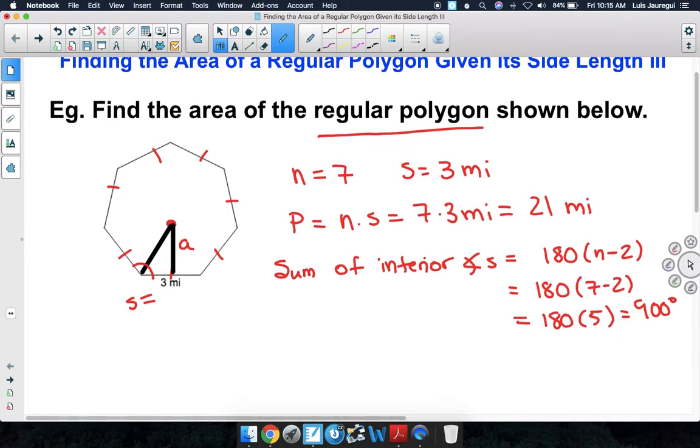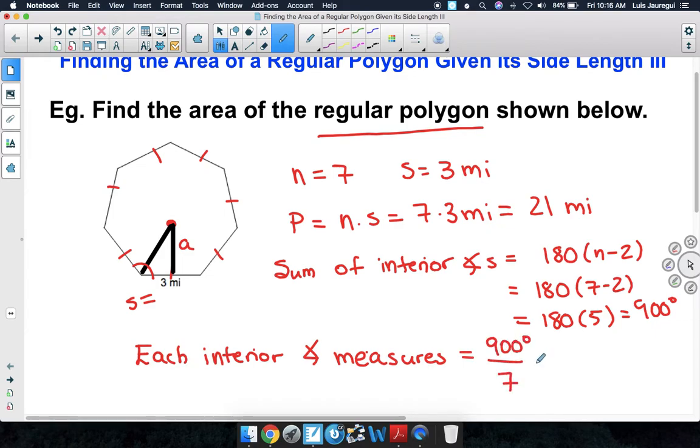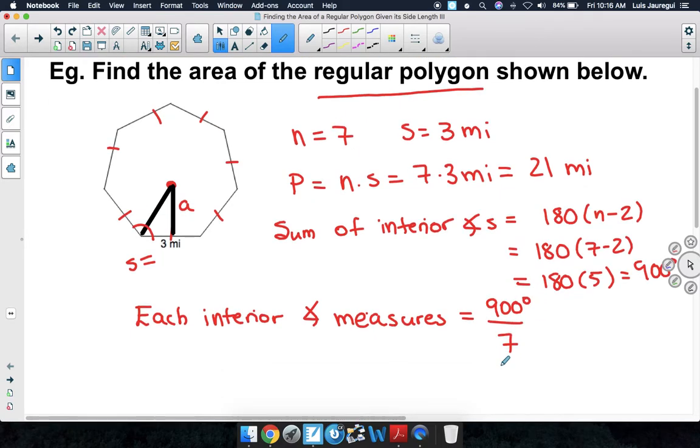So what's the measure of just one interior angle? Let's go ahead and figure that out. So each interior angle measures, in this case, 900 degrees divided by the number of interior angles, which is 7. And this is not necessarily an integer, so we're going to leave it as a fraction, okay?